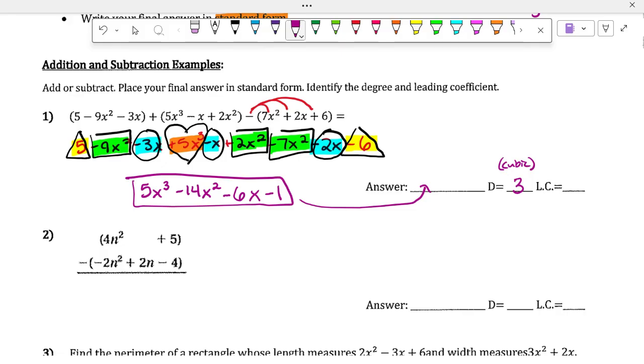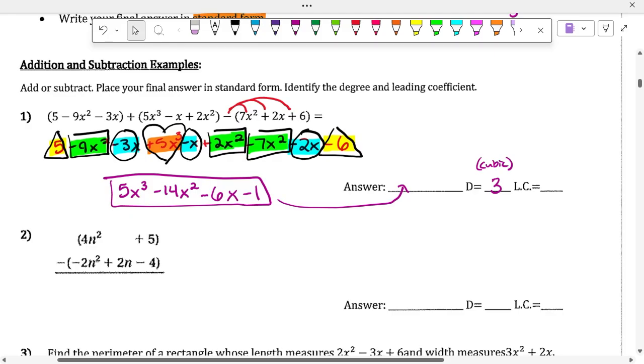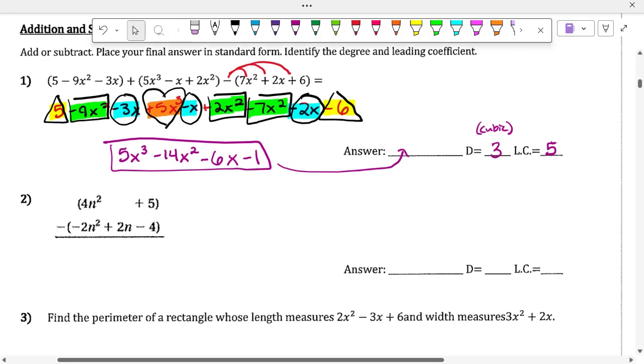Blake, pick someone to tell me what the leading coefficient is. All right, Claire, what's the leading coefficient? So that's the leading term. If I want leading coefficient, it's just the 5.